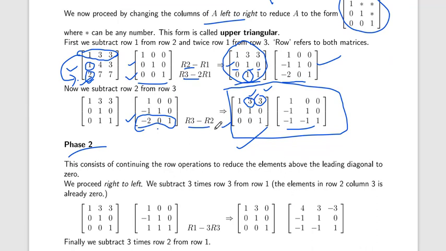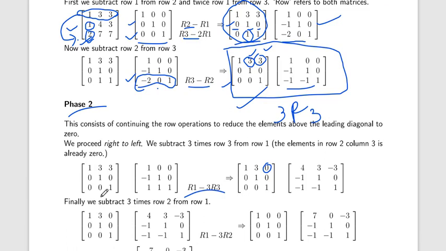First of all, we multiply the third row by 3 and subtract it from the first row, R1 minus 3R3, so this will become 0. Why? Because 1 minus 0, 3 minus 0 and 3 minus 3, so this 1 will become 0. We also apply this operation to the second matrix.